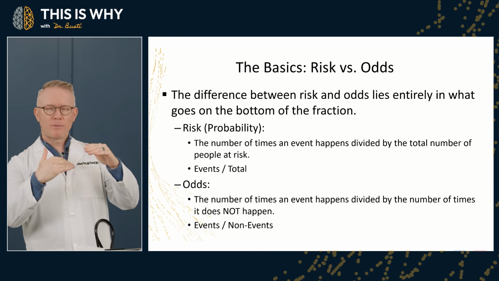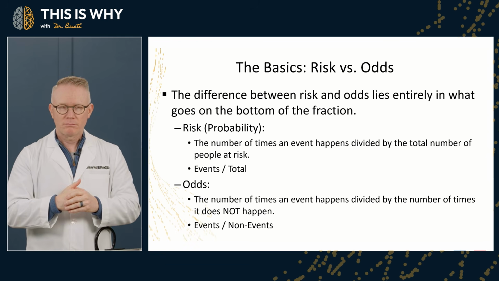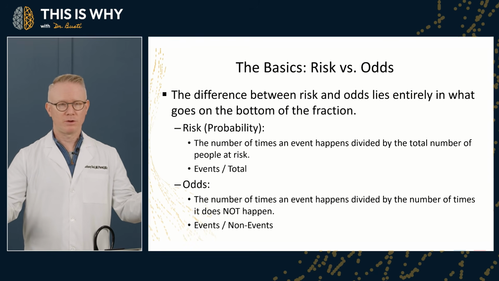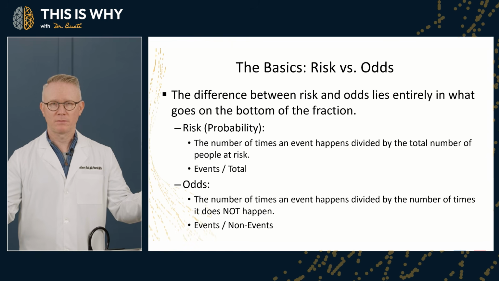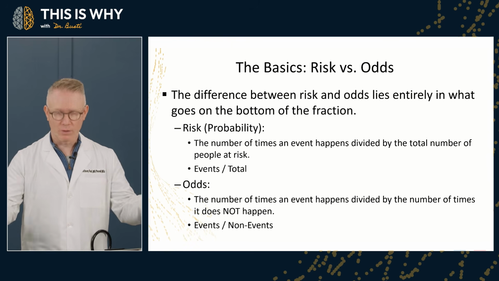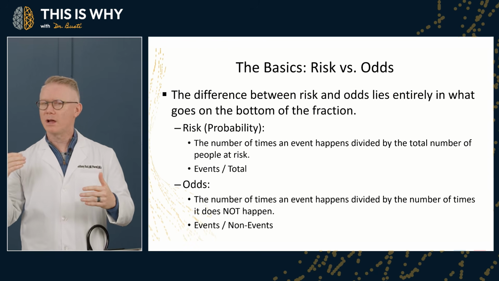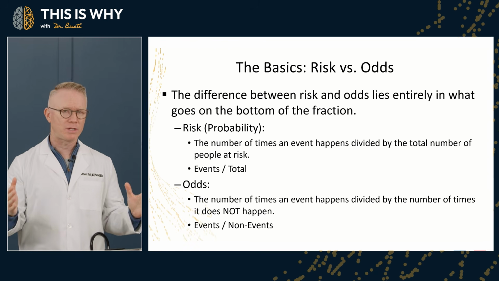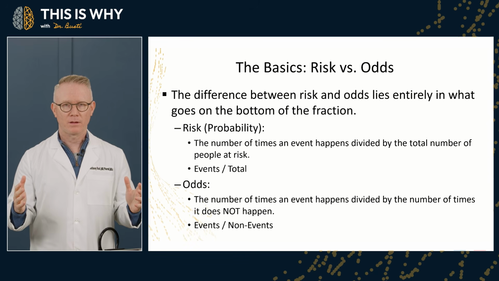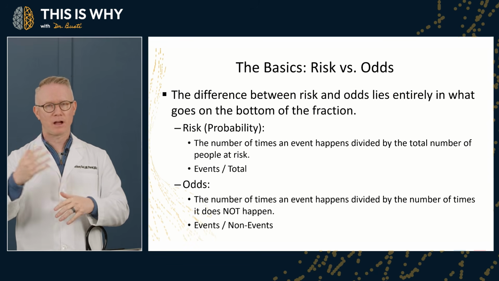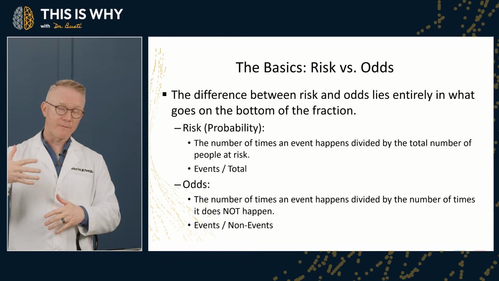So if those numbers are the same, then the risk is 1, right? 2 divided by 2 is 1. And that would suggest there's no difference. That becomes very relevant as we start thinking about confidence intervals in the overall interpretation of the data, okay? Again, I cover this in more detail in my confidence intervals lecture.